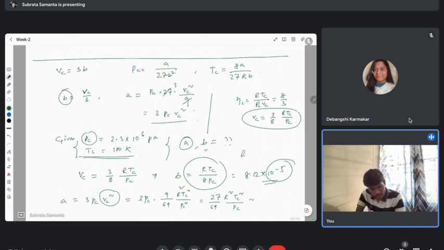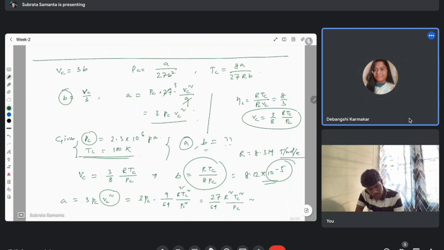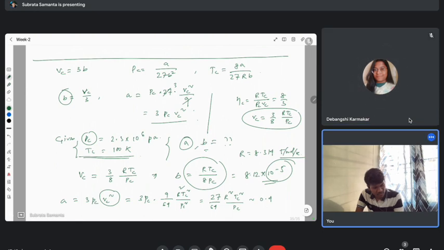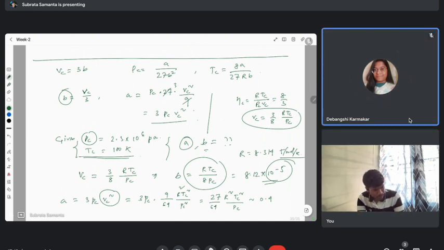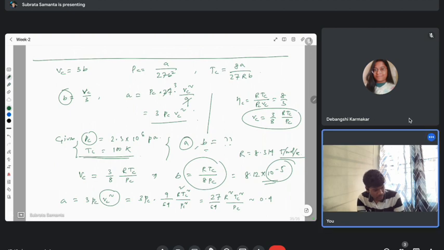So the R value is given, right? 8.3. The unit is meter cube per mole.